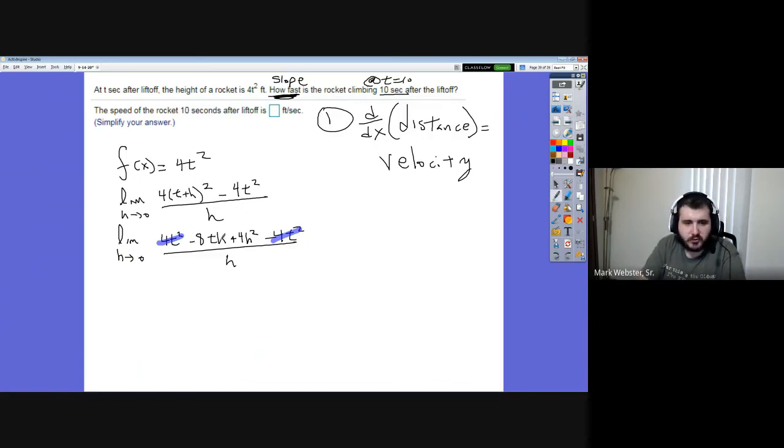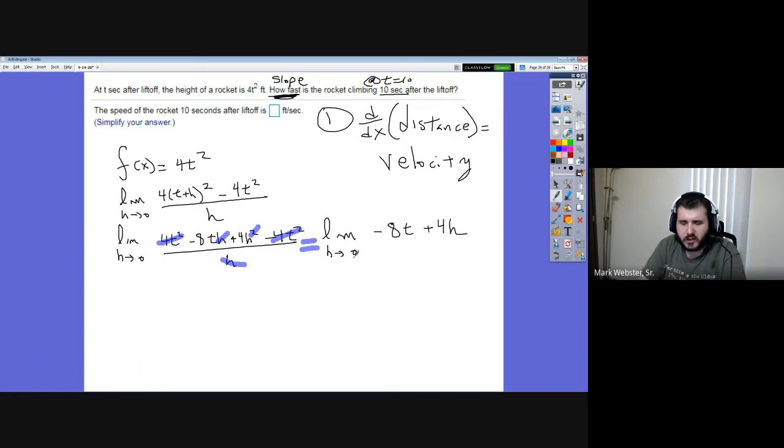And now the h's, those should cancel out, the h here, the h here, and the h here, leaving us with the limit as h goes to 0 of negative 8t plus 4h.